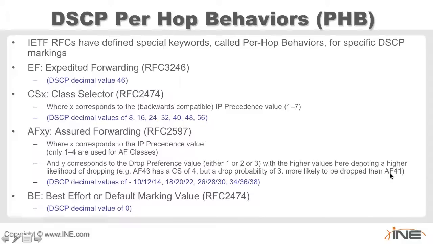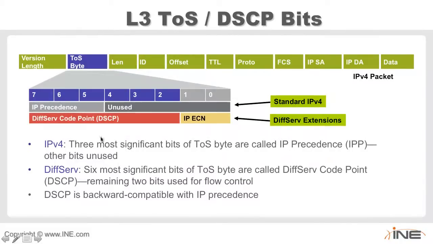Just so that we are clear, if it had AF41, the AF4 is going to be equal to the class selector 4. So I've got the 1, the 2, and the 4 placeholder for IP precedence. So it's going to have this bit turned on, these two turned off, so 1, 0, 0.